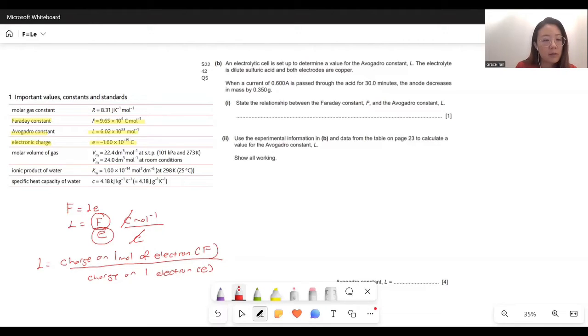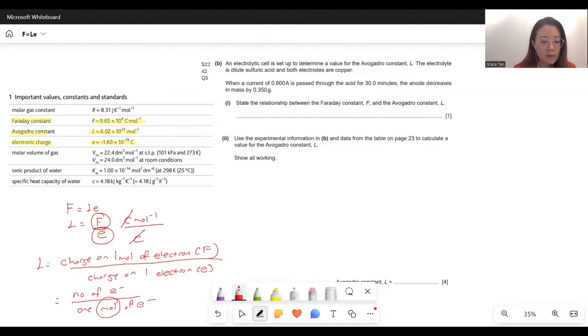Now there's another way to define the Avogadro constant, which is the number of electrons divided by 1 mole of electrons. That's why the unit also comes out as mole to the power negative 1. So these are 2 ways which are frequently used in this particular chapter when it comes to the quantitative part.